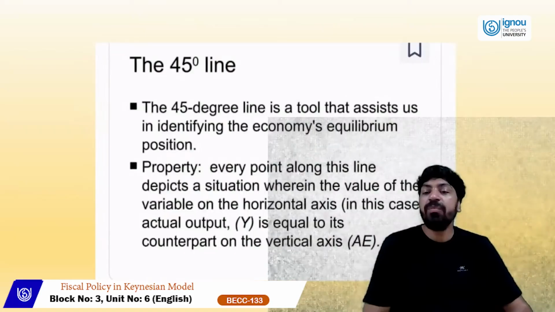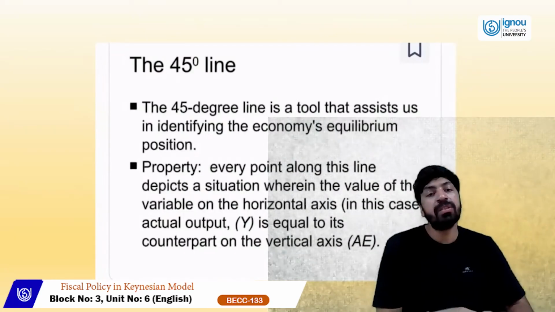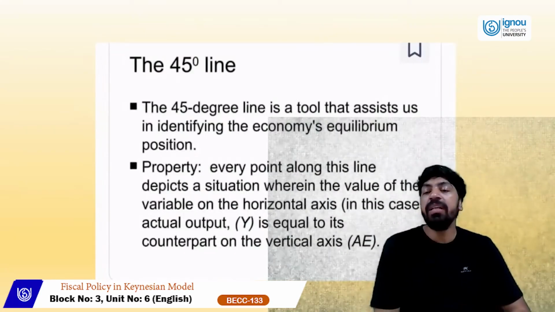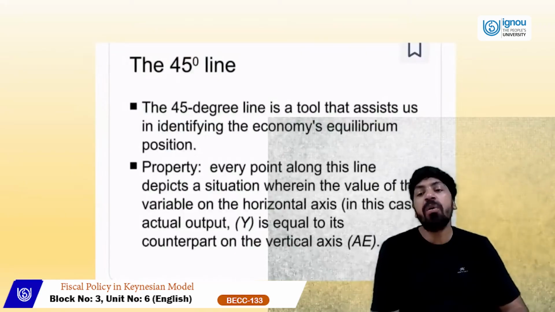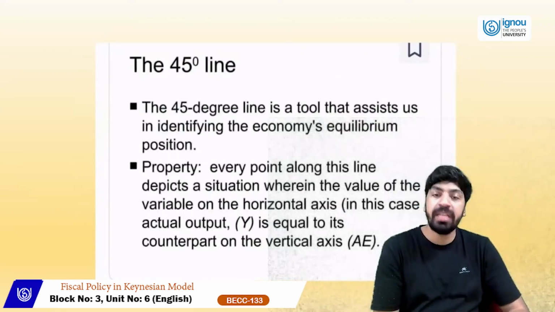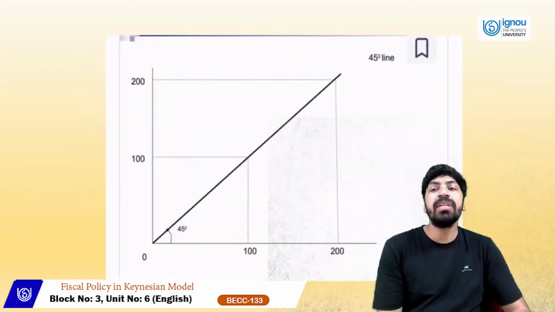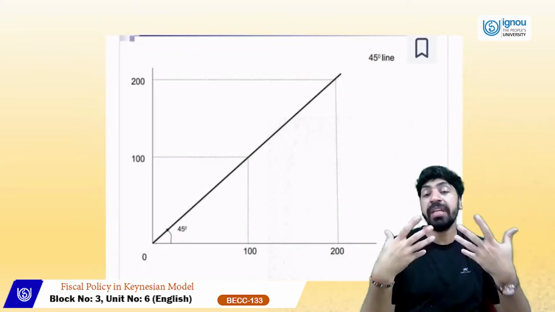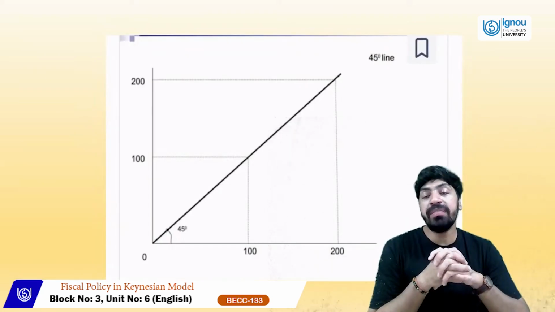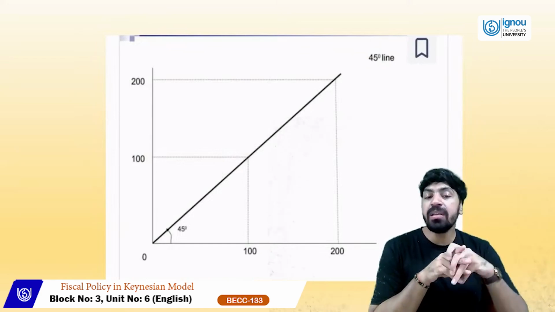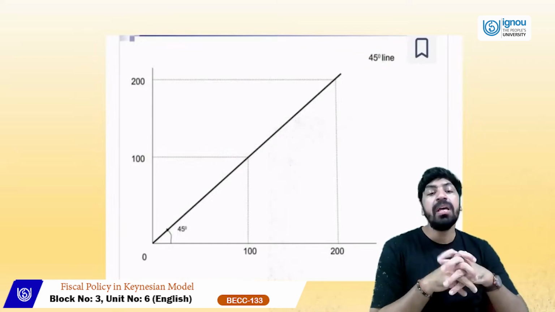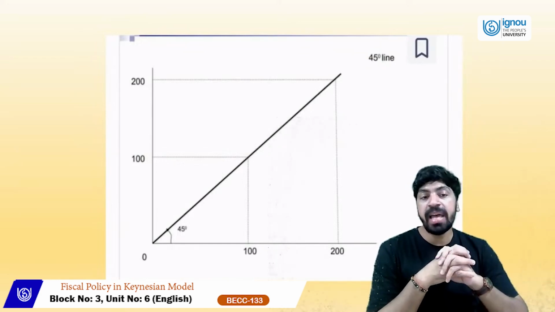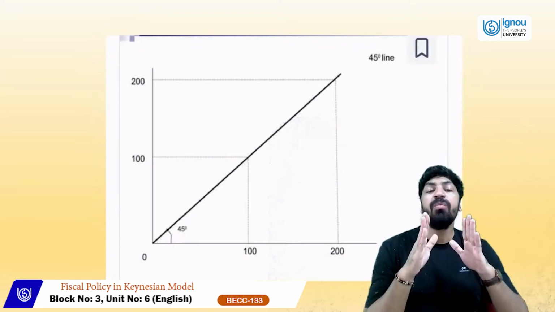The horizontal axis is the actual output, which is called income, and the vertical axis is the aggregate expenditure. So this is the diagrammatic presentation, where, as I already told, the 45-degree angle line begins from the origin and is shown in the diagram.